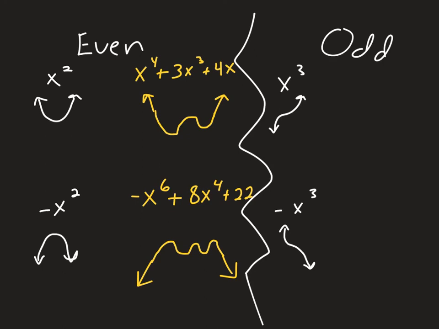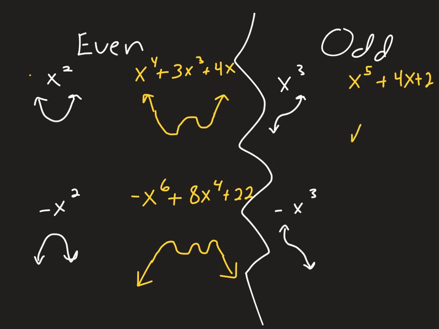Okay, let's take a look at some odd functions. When I'm looking at a positive x cubed, that's going to be similar in behavior to any positive odd function. So maybe x to the 5th, and then it could be plus anything here, 4x plus 2 or something. So this is an odd function with a positive coefficient, so I know the end behavior is going to be the same.